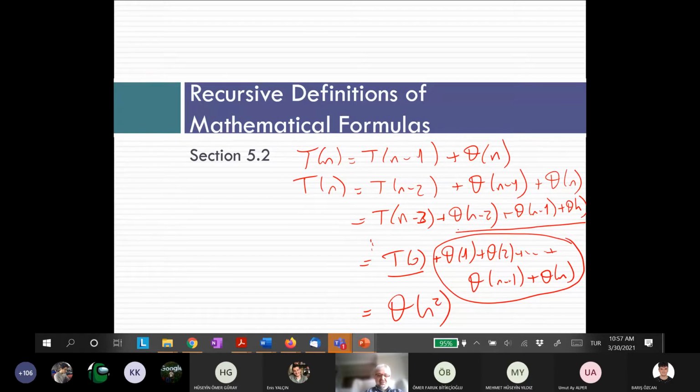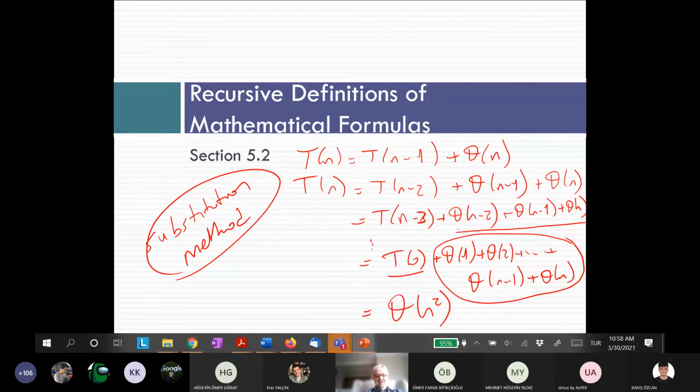This is the substitution method to solve a recurrence relation. We substitute T(n minus 1) and T(n minus 2), then T(n minus 3), etc., and try to reach T0, which is the base case, and try to find a recurrence relation solution. Okay?